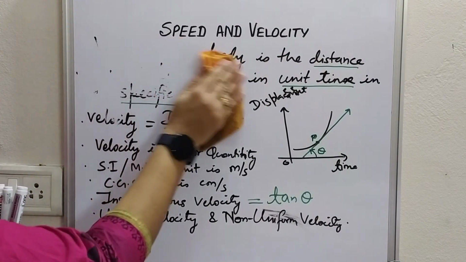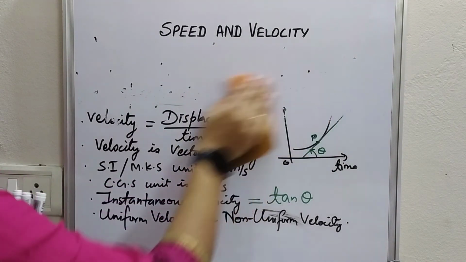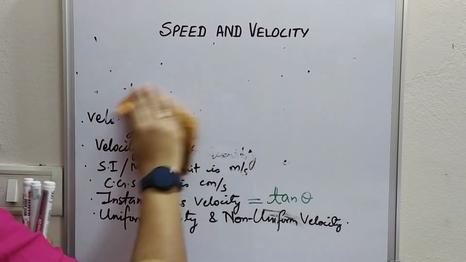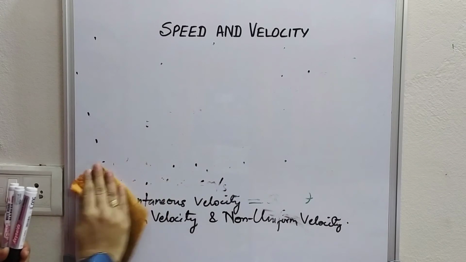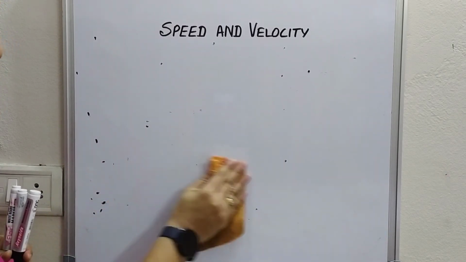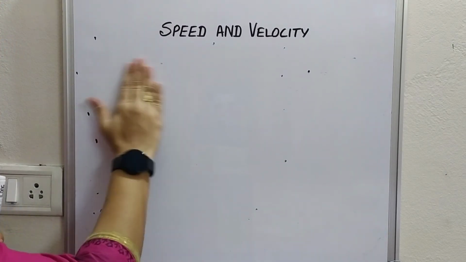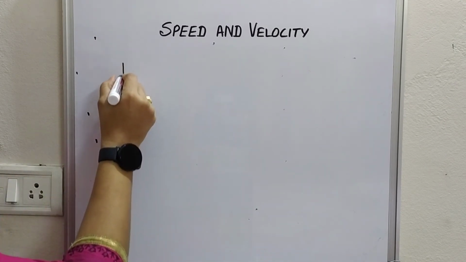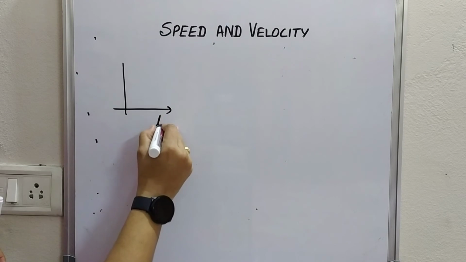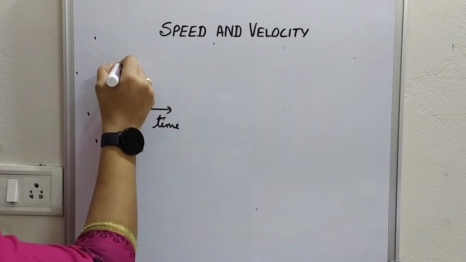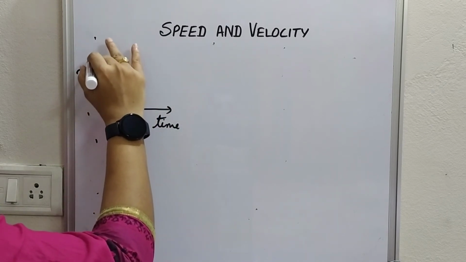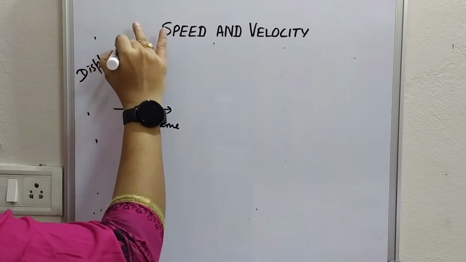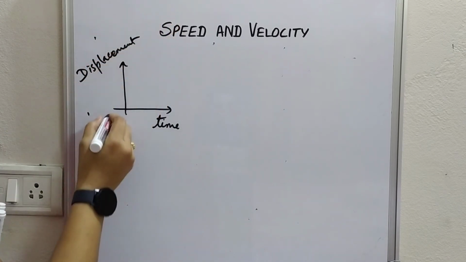Few more on graphs related to velocity of a body, or graphs on displacement versus time. Time along x-axis and displacement along y-axis. So consider the graph with time along x-axis and displacement along y-axis.